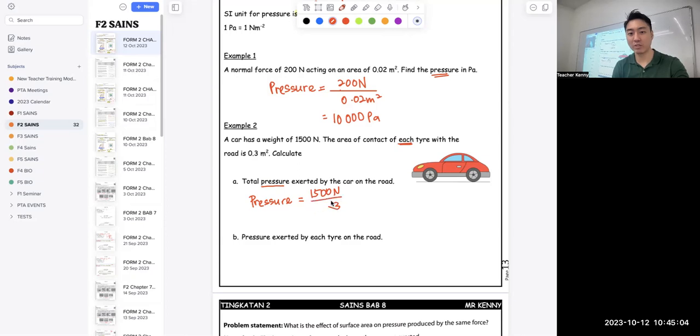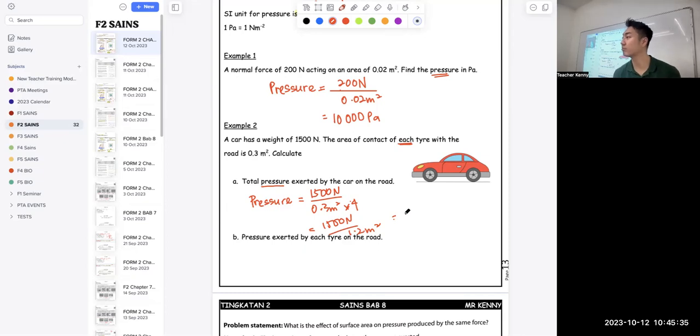Since I got 4 wheels, 0.3 meter square times 4 wheels. What's my answer? 1.2, correct?